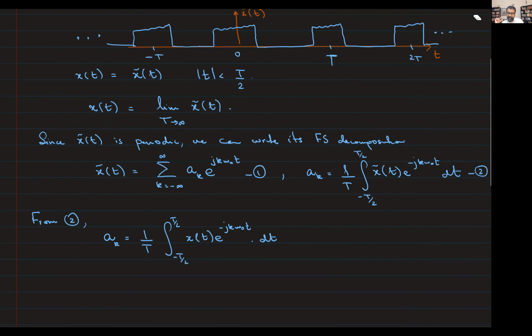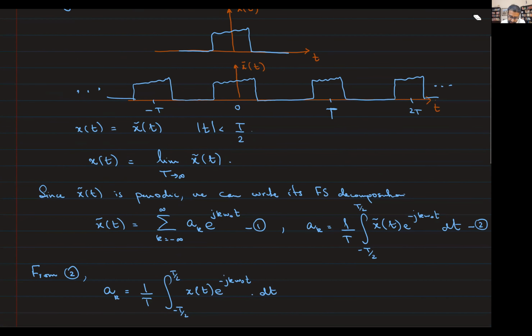Excellent. Because I am integrating from minus T by 2 to plus T by 2, this is where I'm integrating. And in these limits, or in this time duration, x of t is equal to x tilde of t. And therefore, I can just replace x tilde with x.